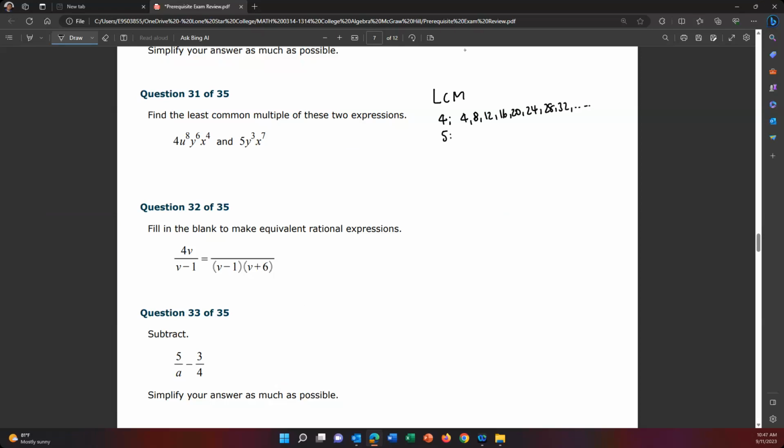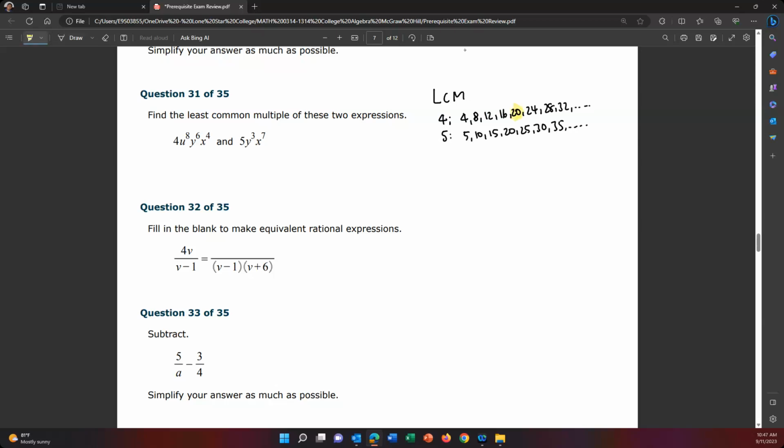And for 5, we got 5, 10, 15, 20, 25, 30, 35. Okay, we get the idea, right? But did we notice that as we were writing this out, eventually these two numbers share a common multiple, or maybe they have multiple ones, but what was the first multiple that they shared together?